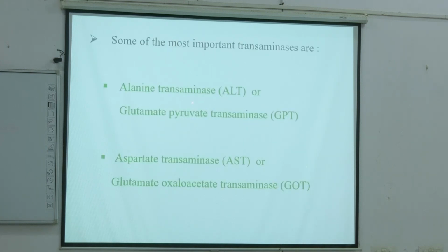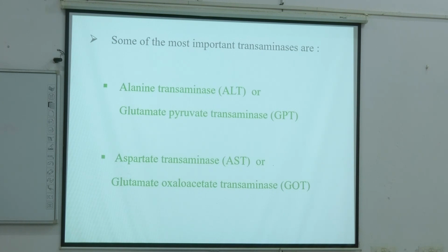These are the enzymes which we call transaminases. There are two main transaminases, SGOT and SGPT, which stand for serum glutamate oxaloacetate transaminase and serum glutamate pyruvate transaminase, or other names are aspartate transaminase and alanine transaminase.